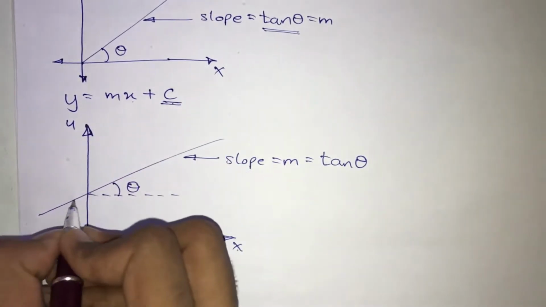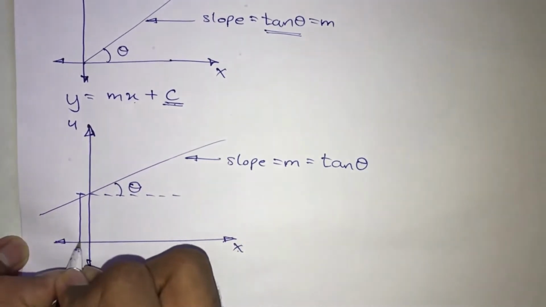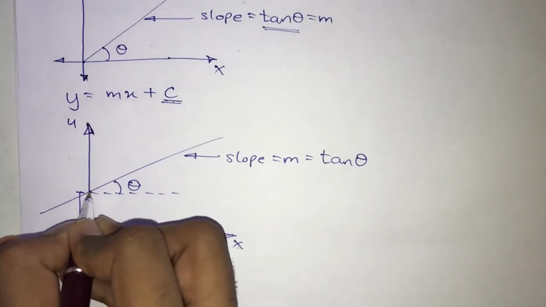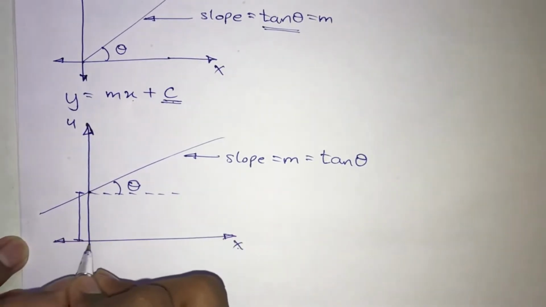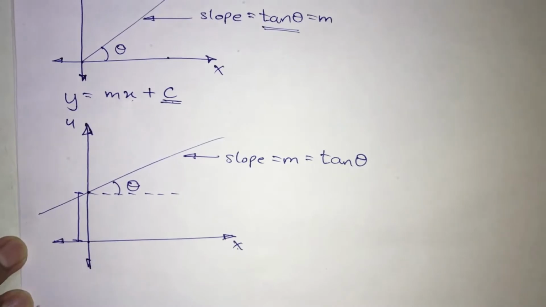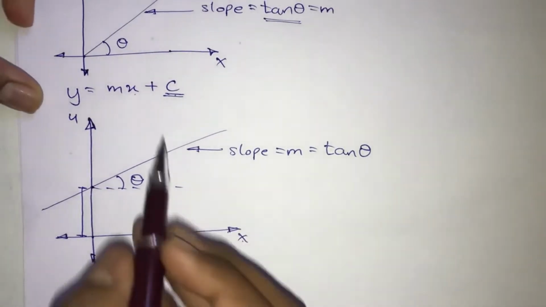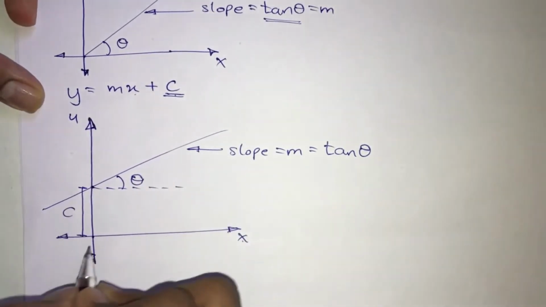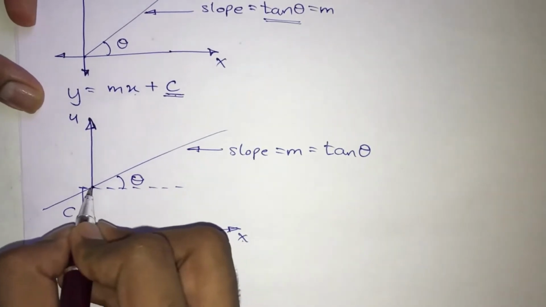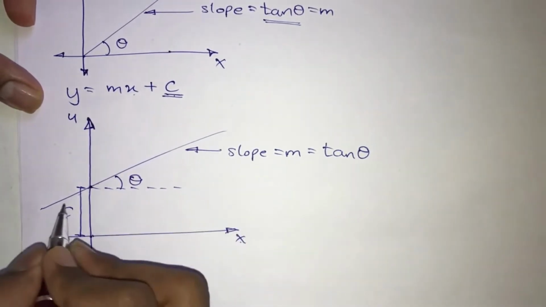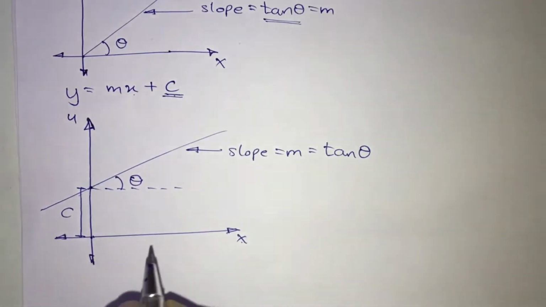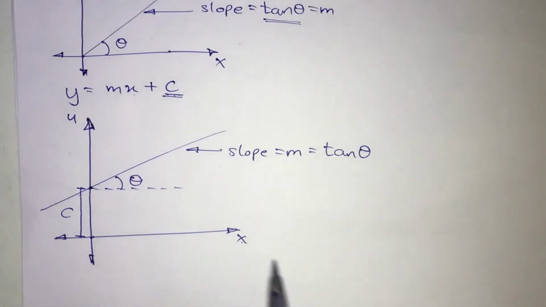This c is nothing but the distance of the intercept made with the y-axis from the origin. In simple words, this c is nothing but the distance from the origin till the intercept made. I hope you can pretty much see this with the help of the diagram. So I hope these small concepts are clear for you all.